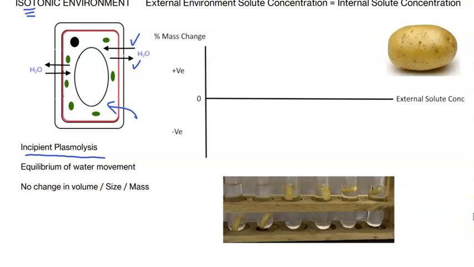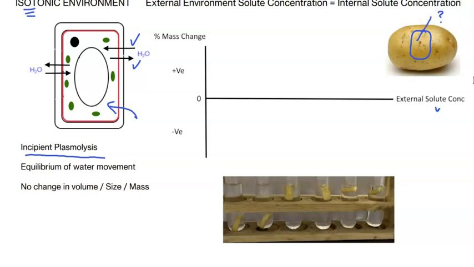What we want to find out is, if we have a potato, what is the concentration of the cytoplasm of a potato? And this method requires that we create different concentrations of external solution.